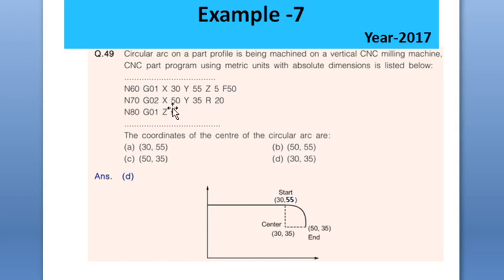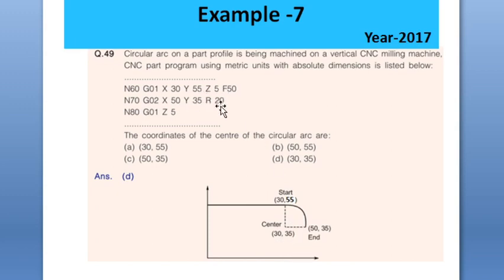Then in this format the radius of the arc is given as 20. Therefore, we mark the starting point, the end point, and then one more, the radius value 20. Radius 20: 50 minus 20 is 30, for the x coordinate. For the y coordinate, 55 minus 20, therefore 35.